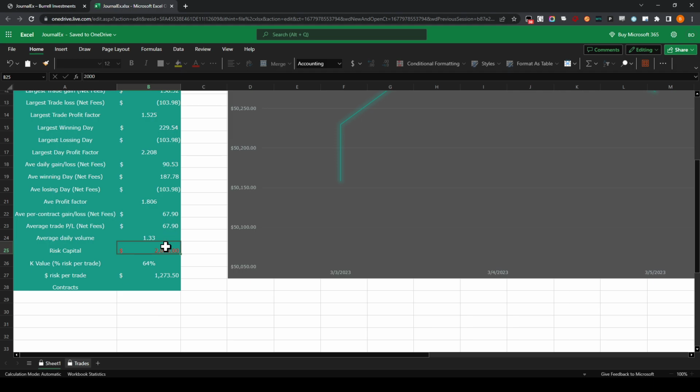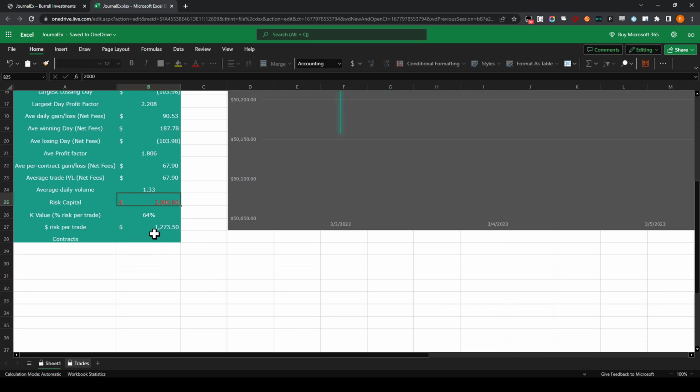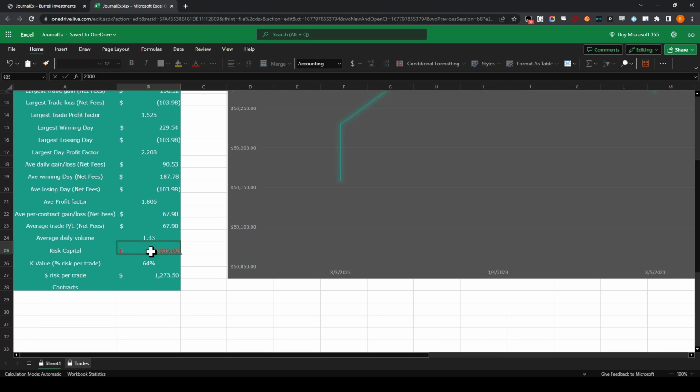Okay, and so, see down here there's a contract that's empty. The very last line says contracts. Is that supposed to have anything in there? Yeah, it should tell you about how many contracts to trade, but that may be once you have enough data in the spreadsheet. It's probably better for this part of it to have a little bit more than just 3 or 4 trades before you start basing your edge off of it.